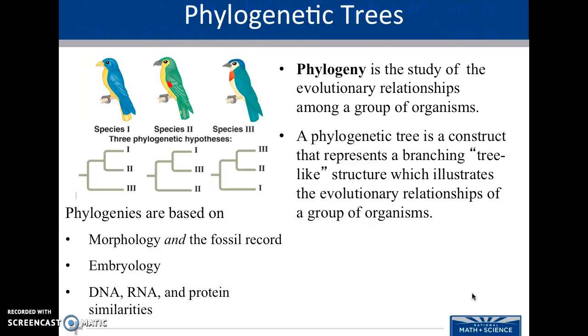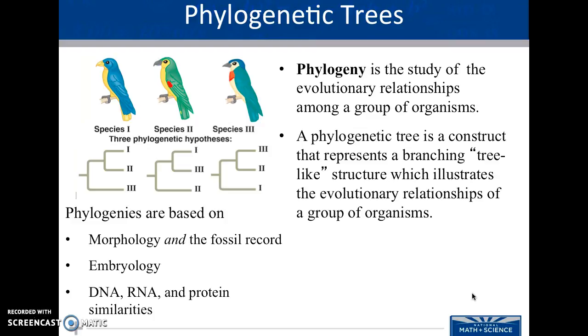When we talk about phylogenetic trees and phylogeny, it's the study of evolutionary relationships among a group of individuals. This phylogenetic tree is branching similar to our cladogram, but remember cladograms, we see that kind of slanted line, and this gets a little bit more complex.